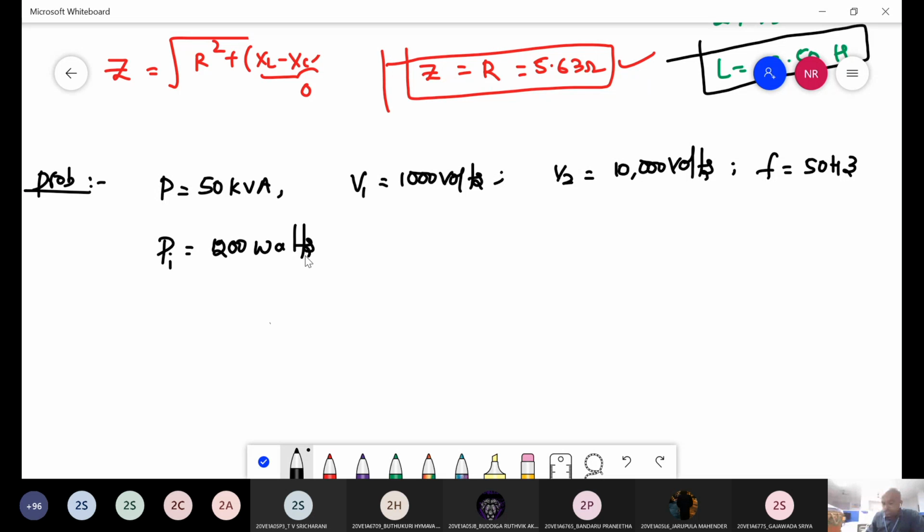Right? The copper loss, that is PC, with 5 amps in the high voltage winding. In the high voltage winding side, meaning the secondary side, is given. So PC is 500 watts. Calculate the efficiency, these are the given data.